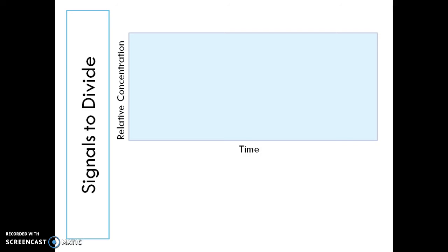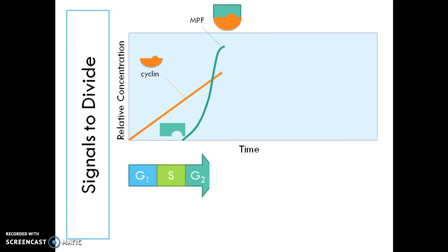So let's take a look at what happens to the concentration of these two different molecules over time. Normally, our cyclins are low in our cell, but as they increase, what will happen is the MPF activity will increase as the cyclins and the CDKs combine. You can see that as the cyclin amount increases and the activity of the MPFs increase, the cell moves through the cell cycle.